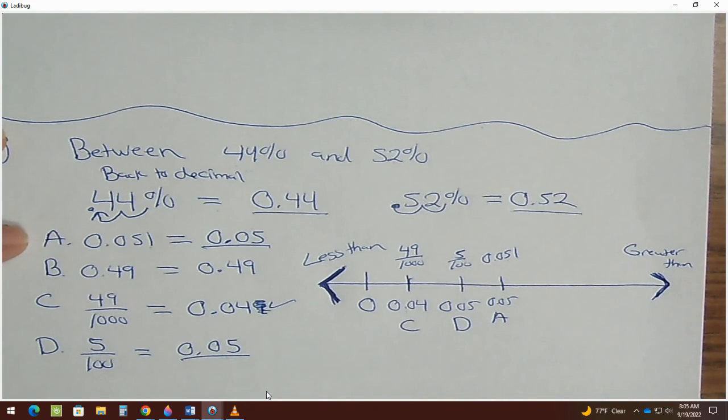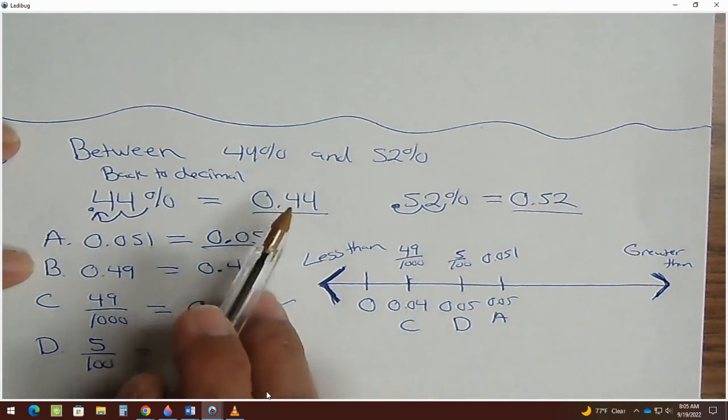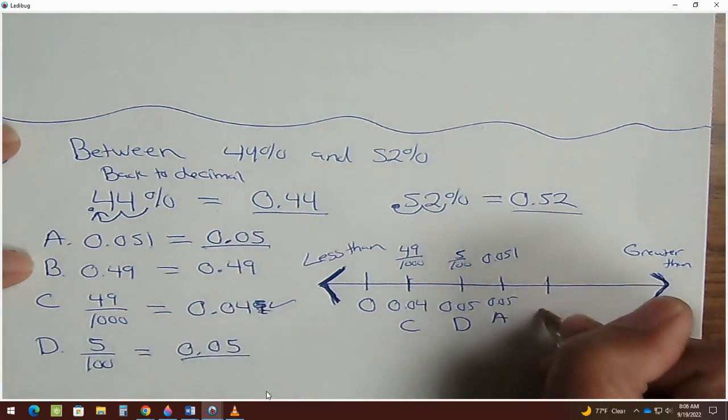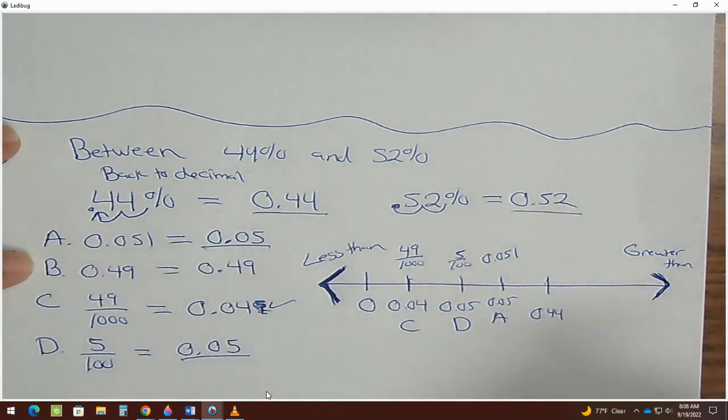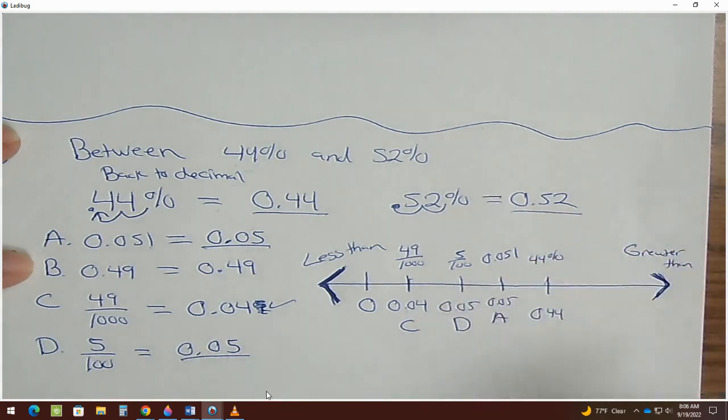Now who would be next after those? 0.5. No, actually, this guy, because he's part of it. So 44 cents would be next. Right now you're going to see what I'm doing. Then who's next after 44 cents?